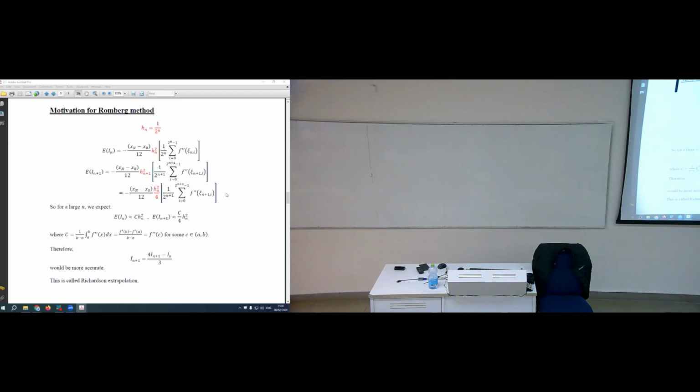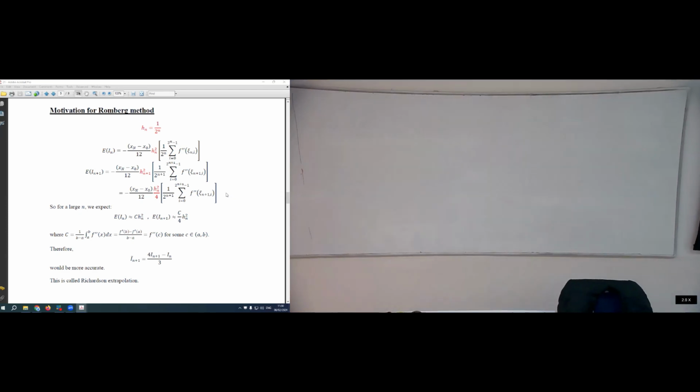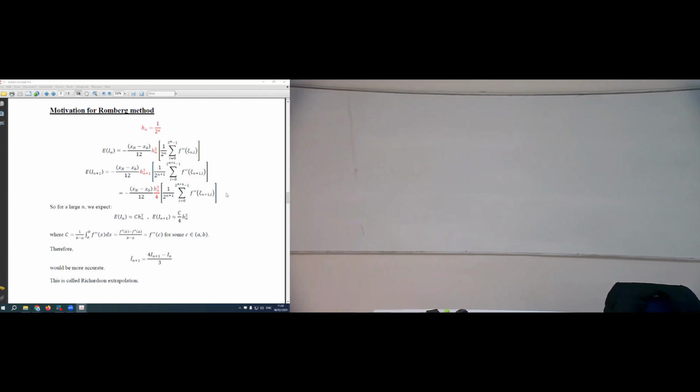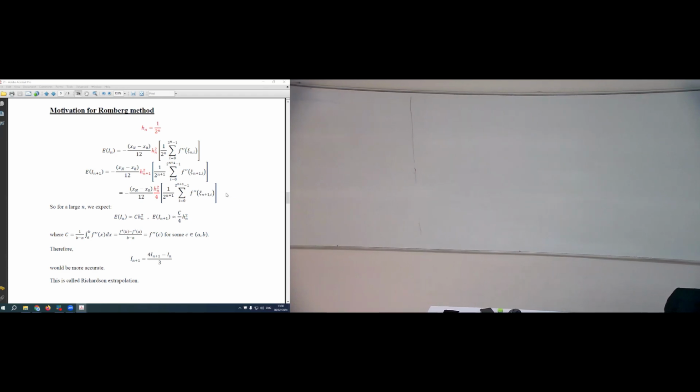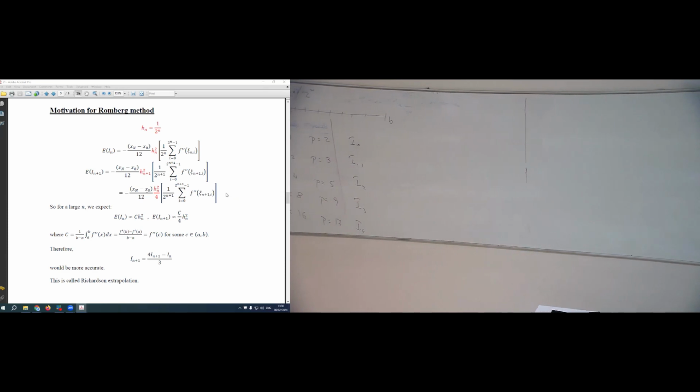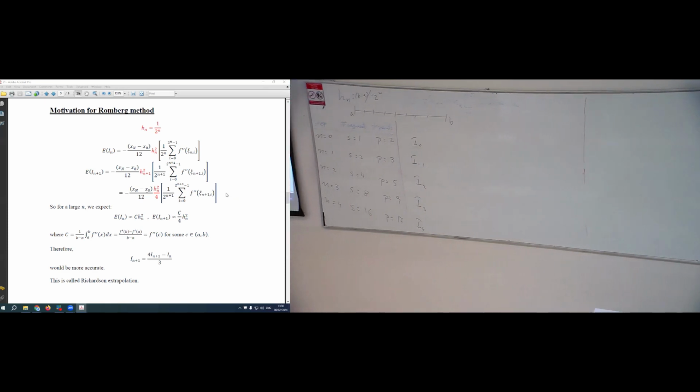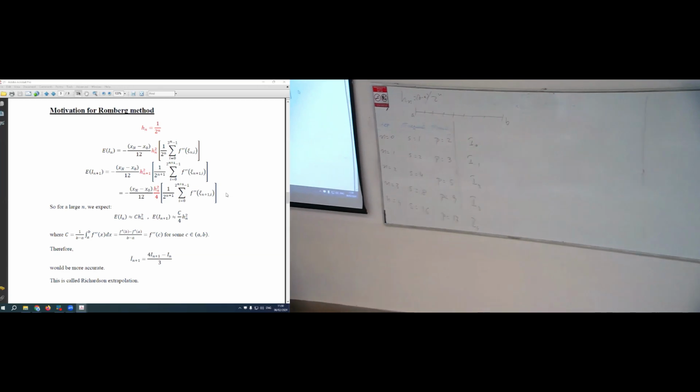Okay? If n is very large, it doesn't have to be very, very big, because if n equals 5, that means that we use 32 segments. But if n is very large, this is somehow the integral itself, the average.